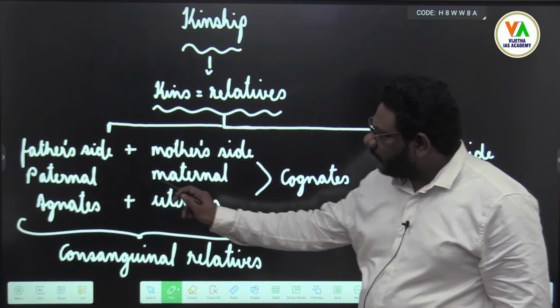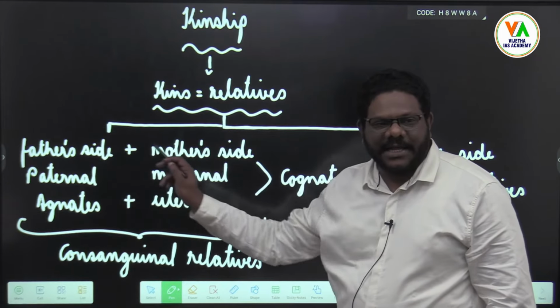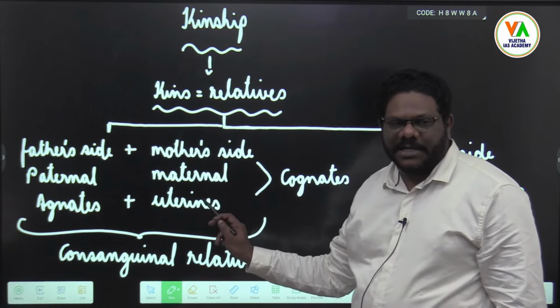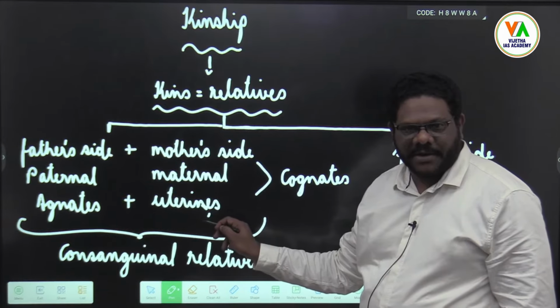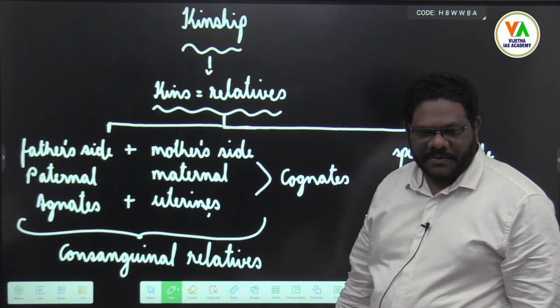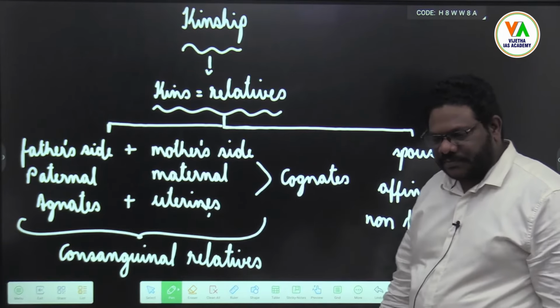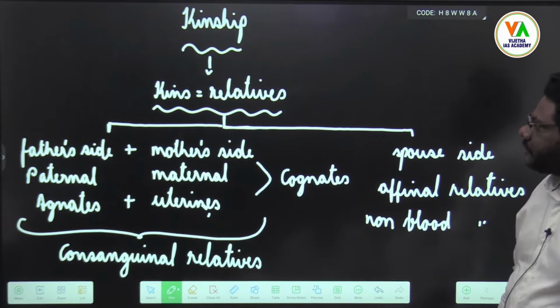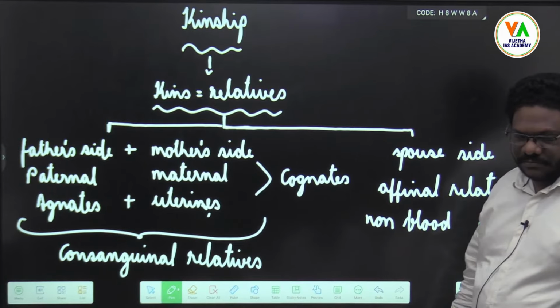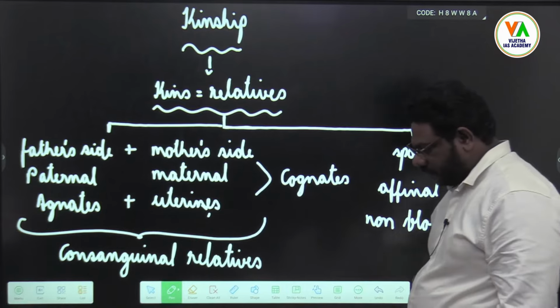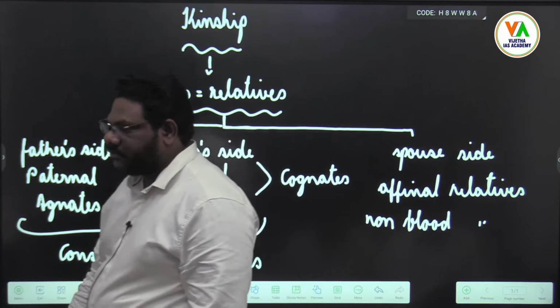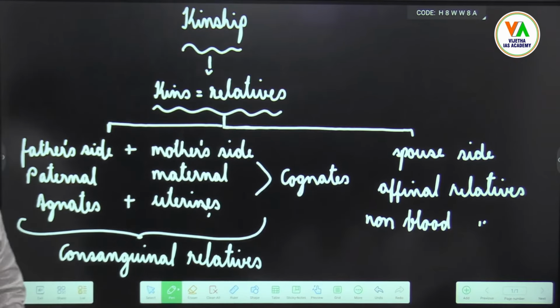Cognates are relatives from both father side as well as mother side. Father side relatives are technically known as agnates, mother side relatives uterines. You get my point? What about maternal relatives?